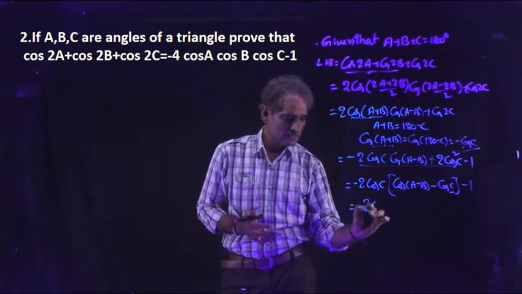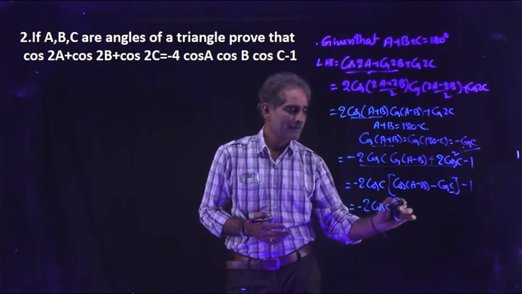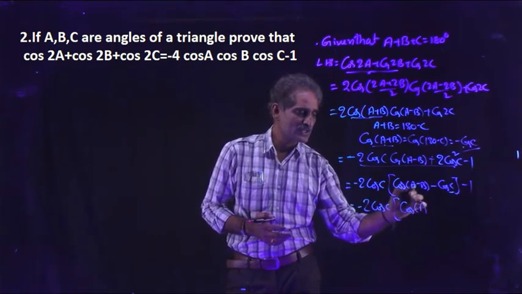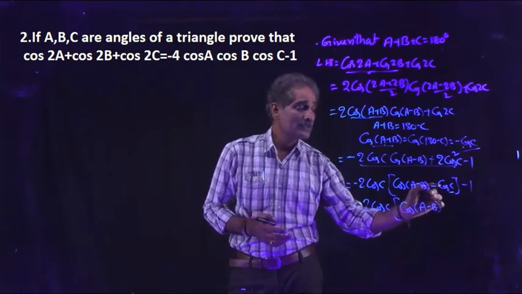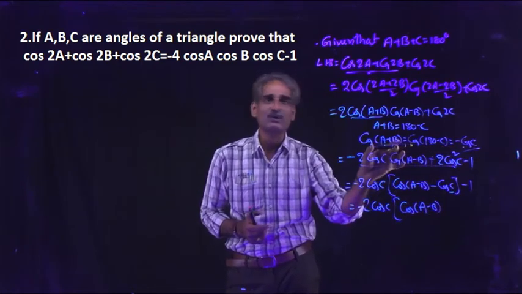Here we can write cos of A minus B. You can't change this one. Minus cos is there. Minus cos C equal to cos (A plus B).